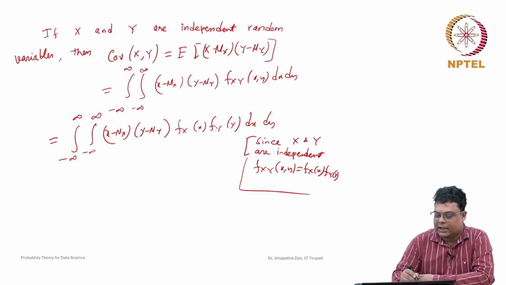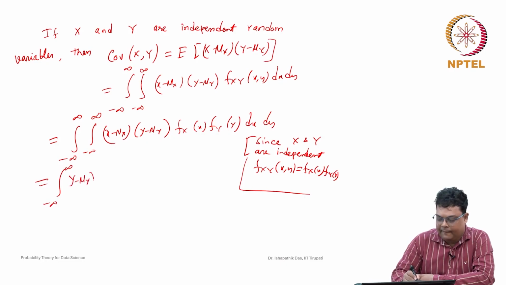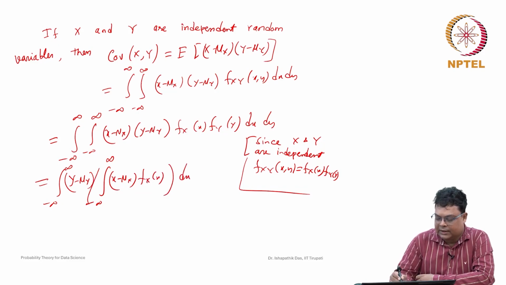Then in this integration, suppose we first separate out the integral with respect to x. So this will be the integral of (y minus mu_y) times the integral from minus infinity to plus infinity of (x minus mu_x) f_X(x) dx, then dy.